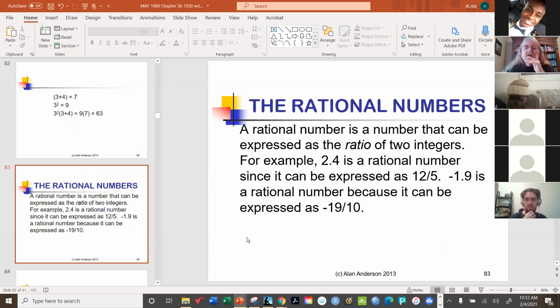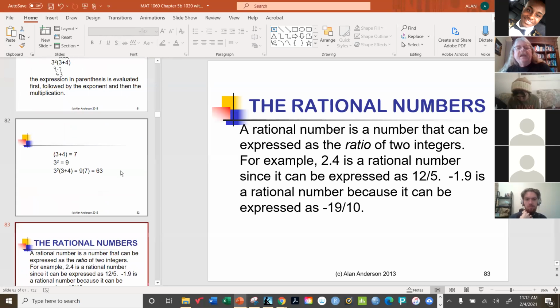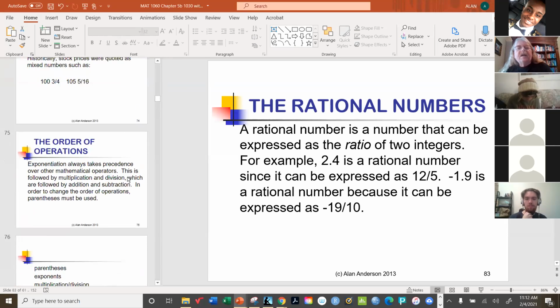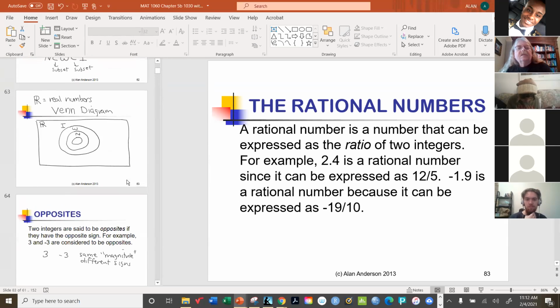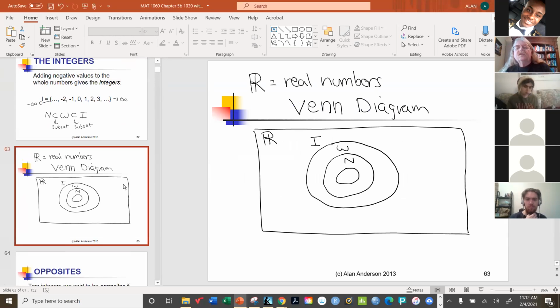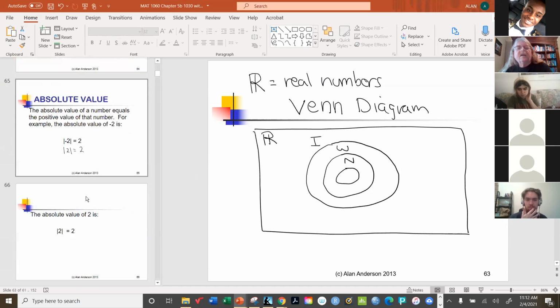Okay, now we're going to take, remember before we were classifying the real numbers, and if you look back at this box that we drew, this Venn diagram, there's still a lot of numbers missing. We still need to explain what's going on with all these other numbers in the diagram.